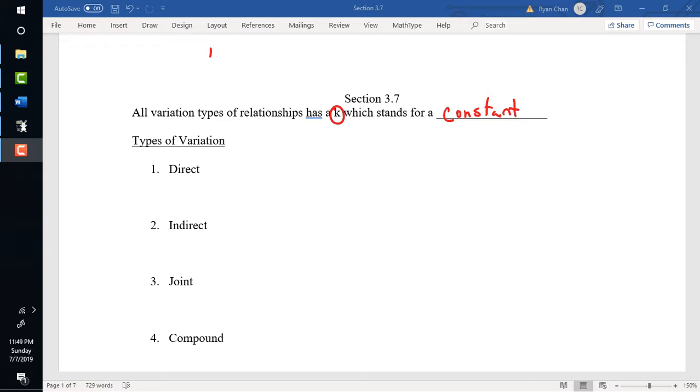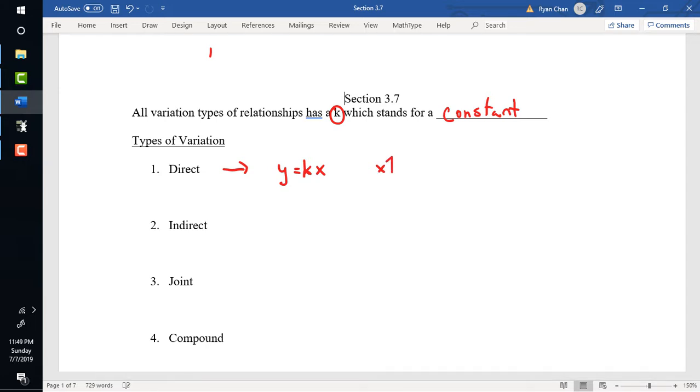When we're doing types of variations, I'm going to briefly write all these out. You have what's called direct variation, and the formula for direct is y is equal to k times x. What is that saying?